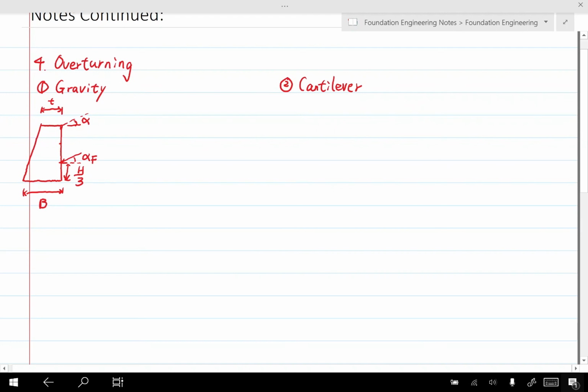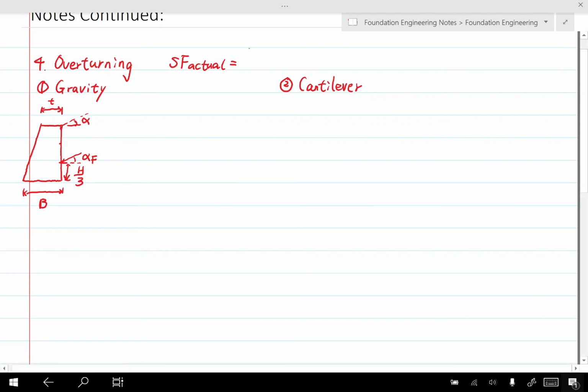Now, before we get into the equations, we need to modify the equations for the safety factors a little bit. So let me do it here. SF actual, this is for both the gravity wall and the cantilever wall, equals, now because we're talking about overturning, we are talking about the moment instead of force.